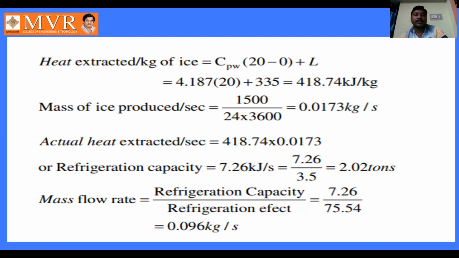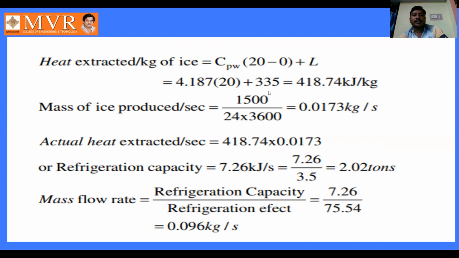This is the constant value, that when water is converting into ice we take the general equation, latent heat as 335. Hence we have got the heat extracted per kg of ice.